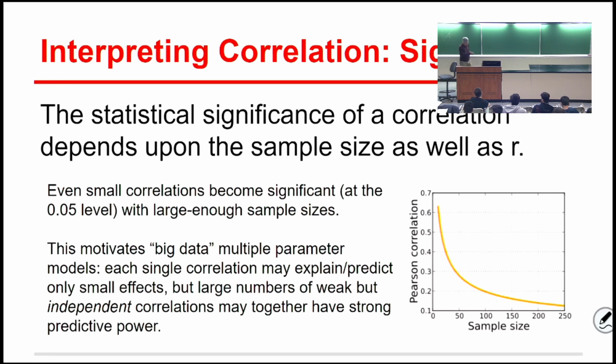So there is a separate question of, is the correlation that I'm observing real? Does it really capture something? You can imagine a world where you get a curve something like this, where I see a correlation of a certain strength as a function of how many samples I have.